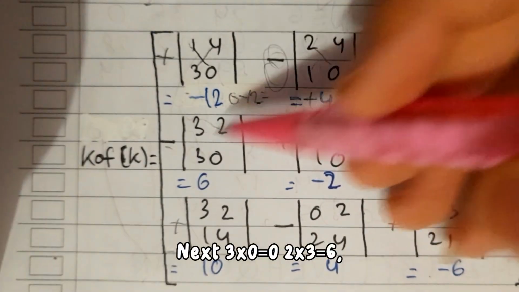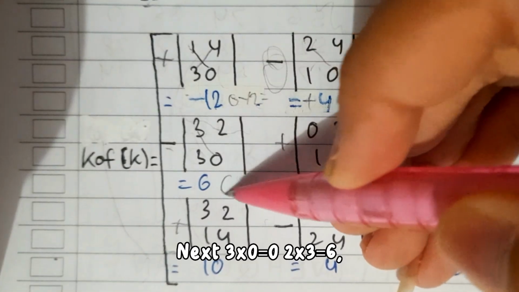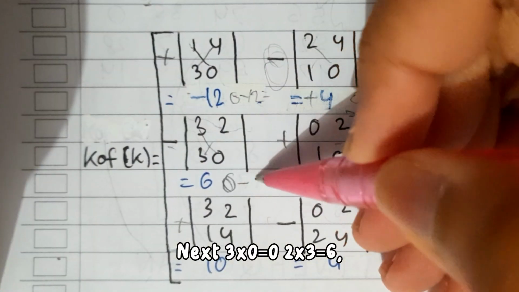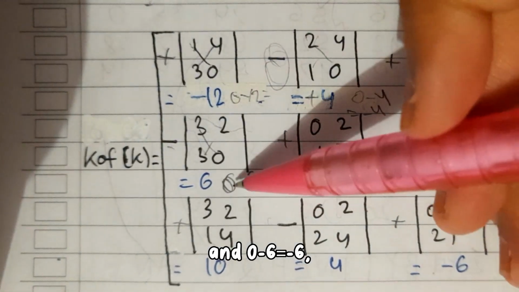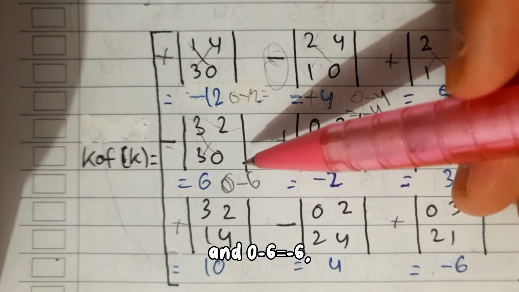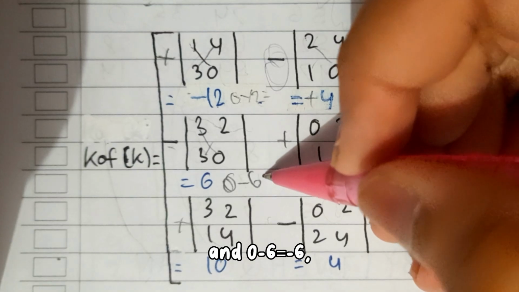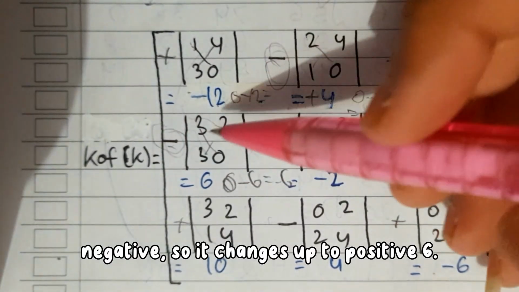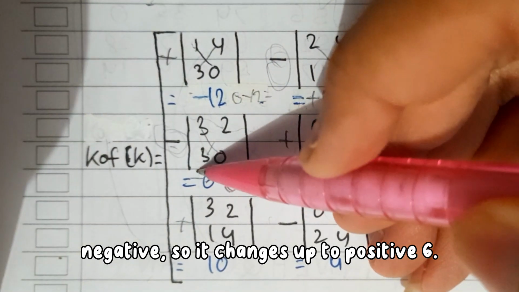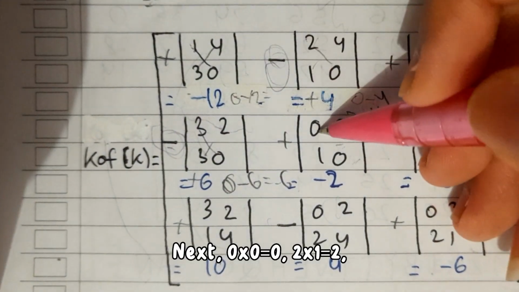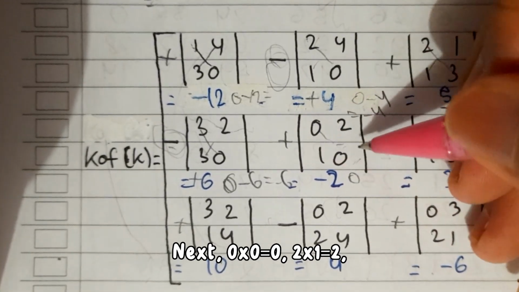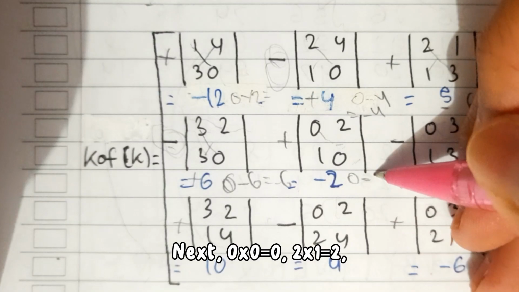Next, 3 times 0 equals 0. 2 times 3 equals 6. And 0 minus 6 equals negative 6. But because the sign right here is negative, it changes to positive 6. Next, 0 times 0 equals 0. 2 times 1 equals 2.